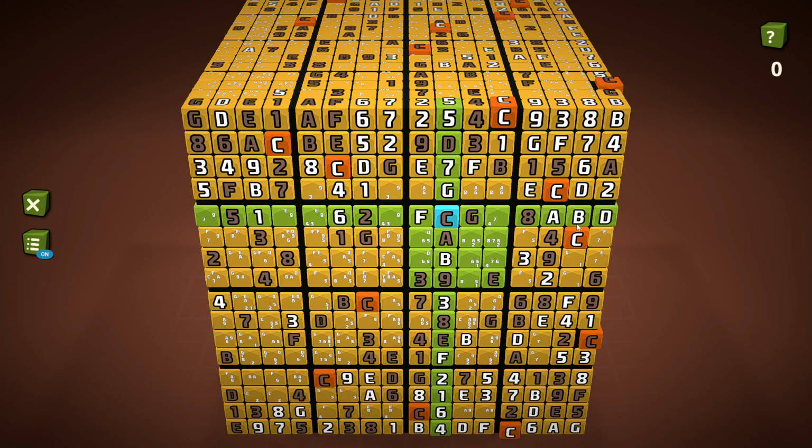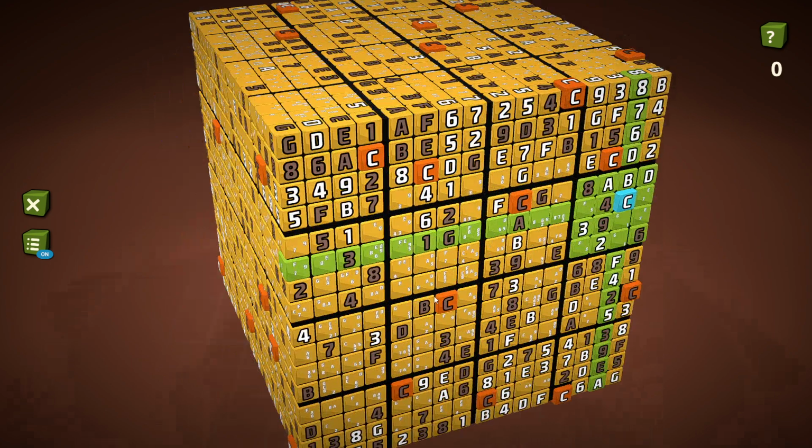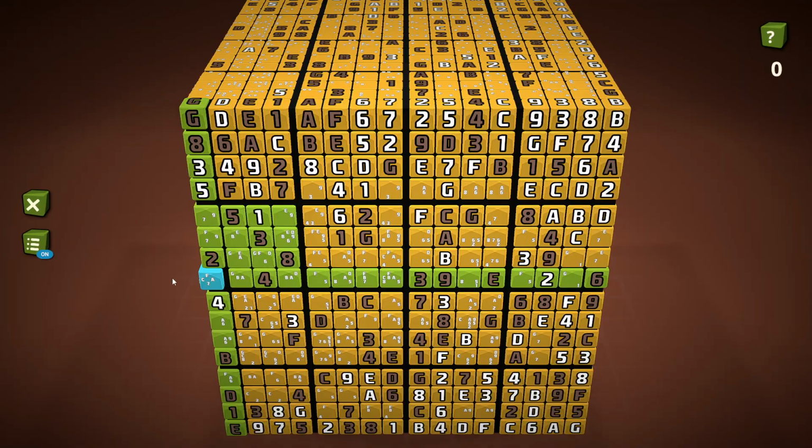The far left column on this row can't be the top, can't be the second, and we know it has to be the wall because those two can't be on the edge. Because those two boxes below it can't have a C on the edge. So this one has to be a C. Which means that this one has to be a C.